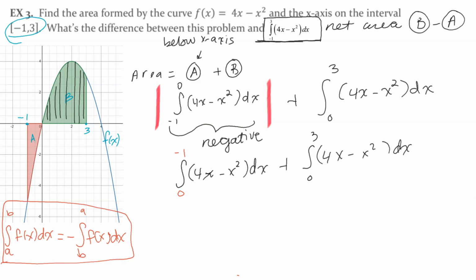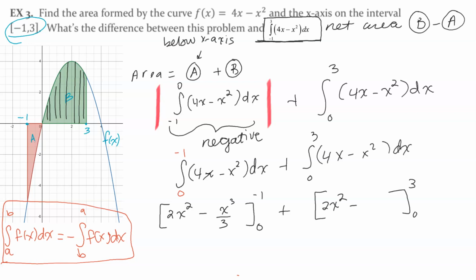So let's take the antiderivative. The fundamental theorem of calculus says the antiderivative evaluated from 0 to negative 1, plus the antiderivative evaluated from 0 to 3. The antiderivative of 4x is 2x squared, minus the antiderivative of x squared, which is x to the third divided by 3.